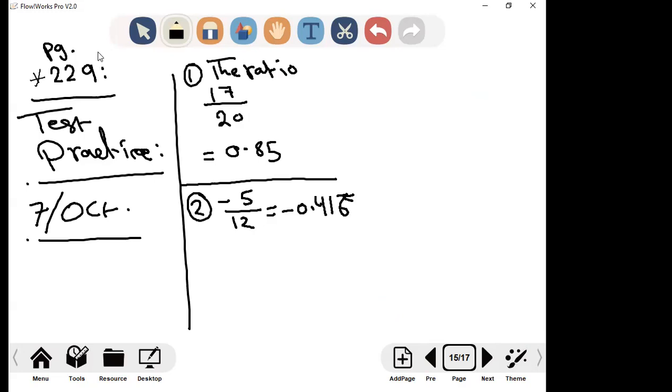Let's do question 3. Read, Rayan. Yalla, Rayan, read.